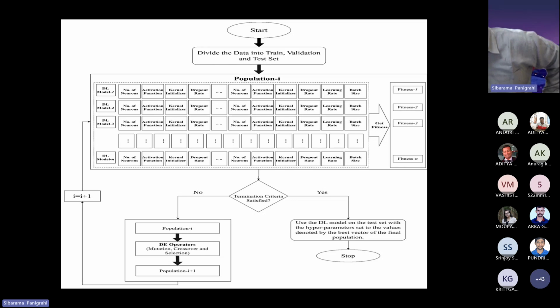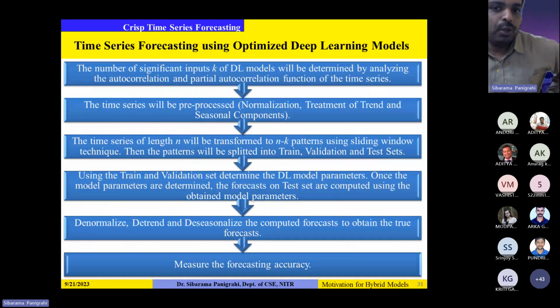Now, the question is how to perform time series forecasting by using this optimized deep learning model. For this, we will first identify the number of significant inputs K of the deep learning model by analyzing the autocorrelation and partial autocorrelation function of the series. Let's say the number of inputs we have identified is 10.